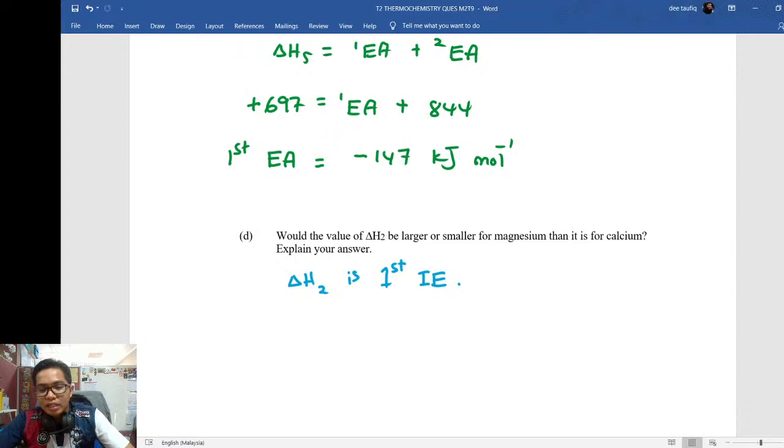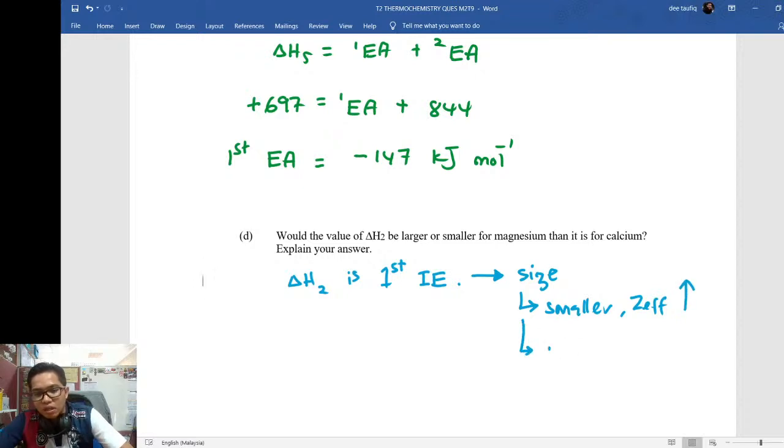Okay, so IE, if you still remember from semester 1 chapter 3, the assignment. IE depends on the size, and from the size you follow the Z. If the size is smaller, the effective nuclear charge is very high, and if the size is larger, the effective nuclear charge is low.